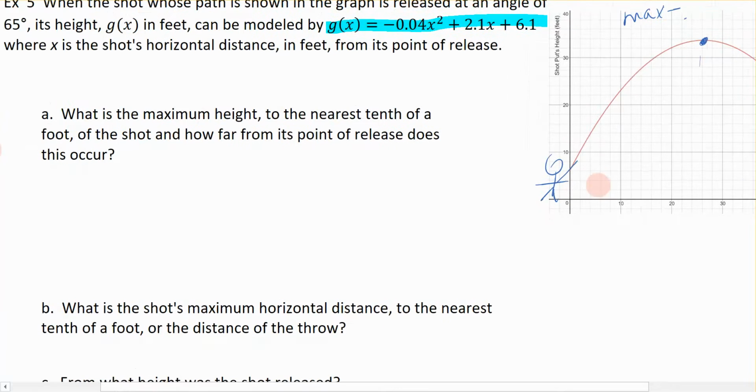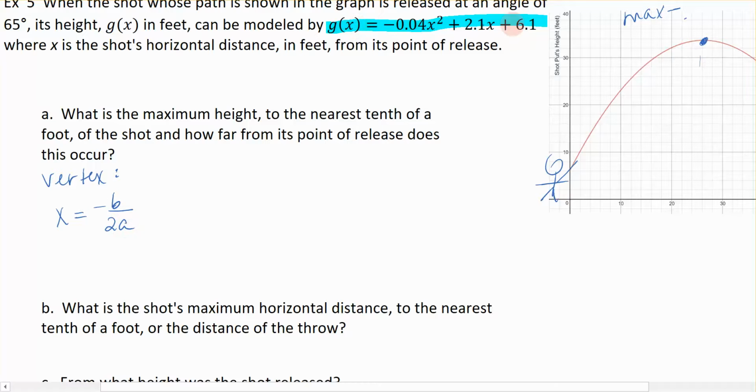How do we find the x and the y coordinates for that particular function? There's two ways for us to do it. The first way would be to recognize that this max is the vertex, and if I wanted to find the ordered pair representing the vertex, I can do that by simply using the vertex formula. X is equal to negative b over 2a.